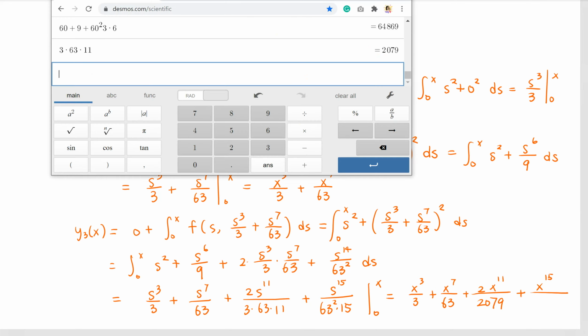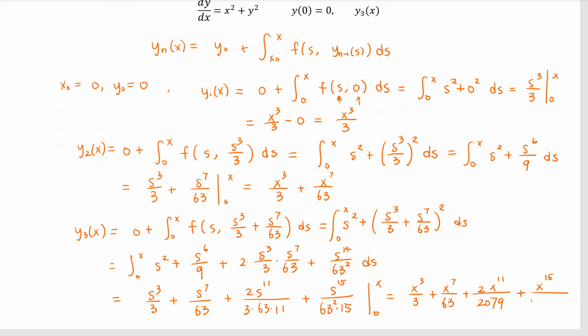And then we have 63 squared times 15, which is 59535. Okay, so this is our answer, y3 of x.